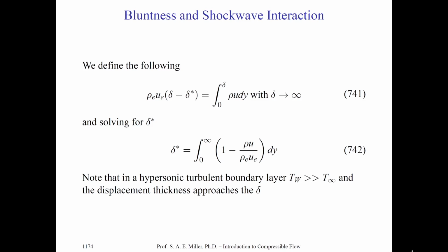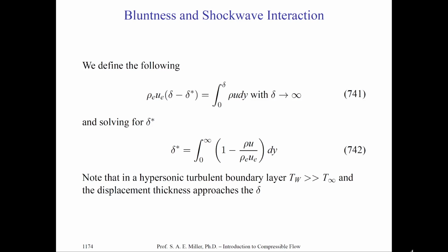So this is a very simple and basic boundary layer equation, which we discussed way back when we talked about flat plate flow, when we discussed the simple turbulent boundary layers. Here we're integrating rho u over y from 0 to delta, which is, of course, the boundary layer thickness. We can then solve for displacement thickness delta star from equation 7.41, and we find 7.42.